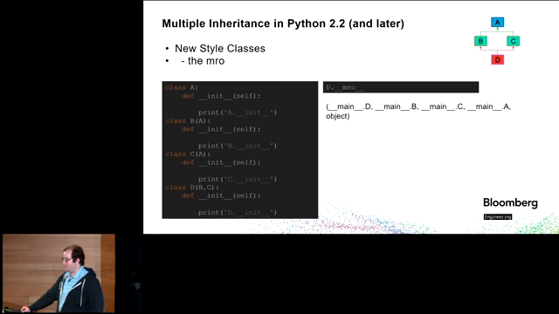When you get to Python 2.2, you got the new style classes, which in Python 3 we call classes. And that introduced something called the method resolution order.